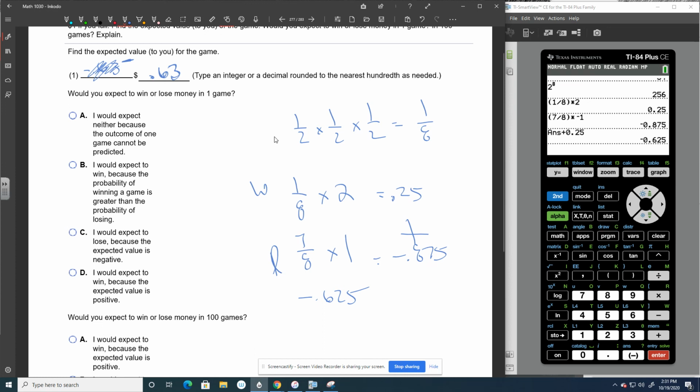But based on just one game, I couldn't say what I would expect because it's just the outcome of one game.